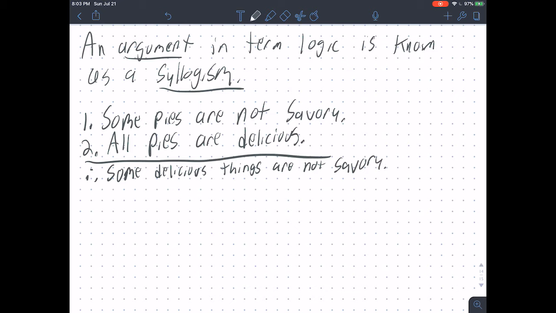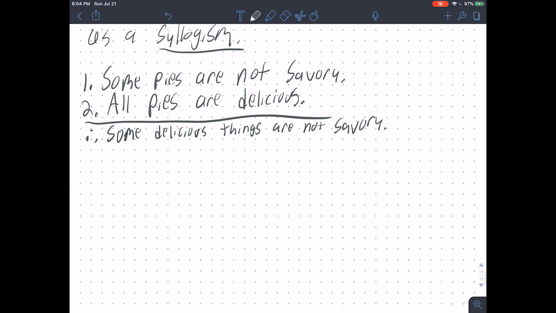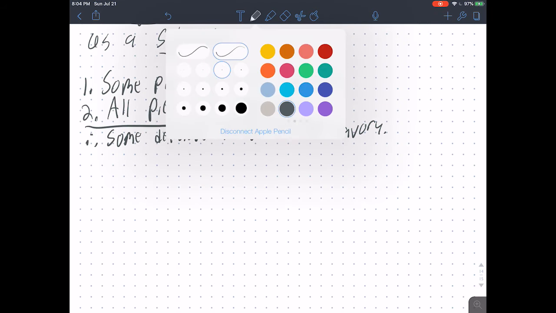Okay, and the way in which we're going to test this argument for validity is, again, we just draw the diagrams.